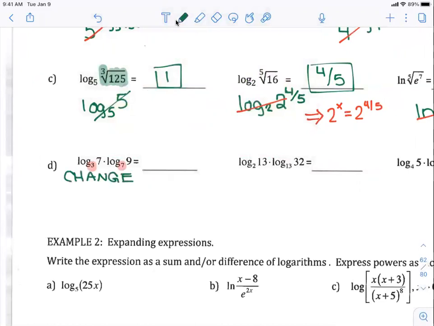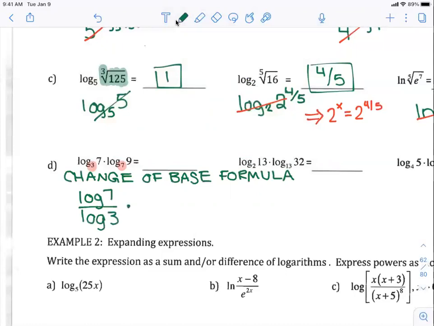That was the last rule we learned. I know to do that because I have different bases. The change of base formula, which we're going to use on all three of the problems, means I'm going to take log base 3 of 7, and turn that into log 7 divided by log 3.